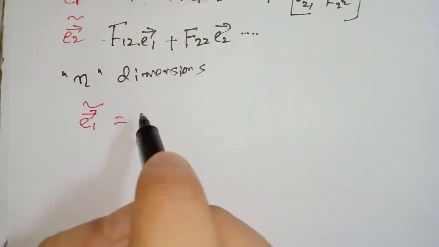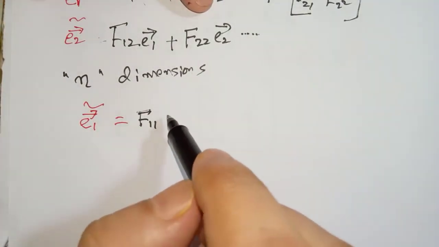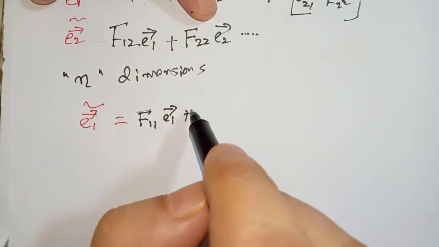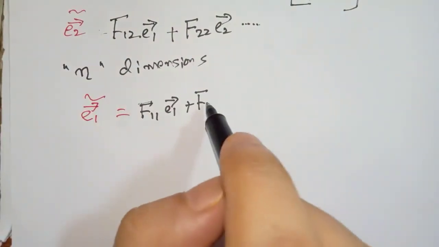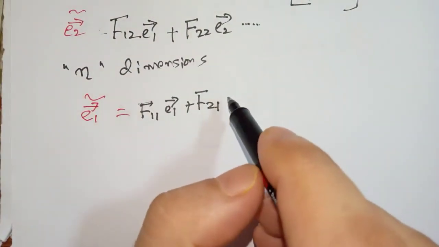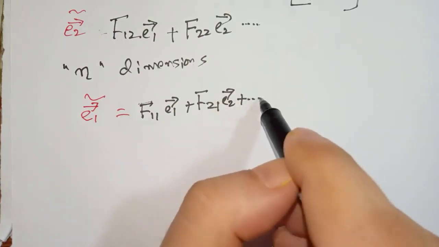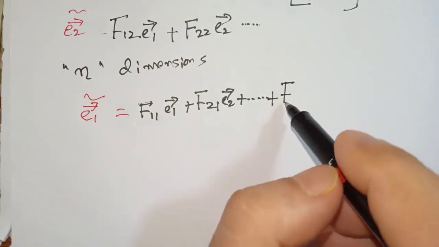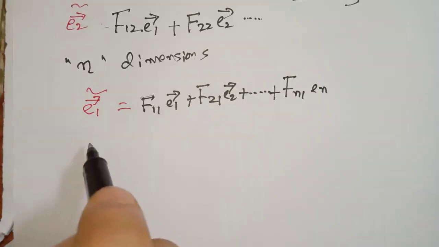We are generalizing, mind it: F11 followed by E1 plus F21, same one, followed by E2 plus dot dot dot, and it would go up to Fn1 En, right? So mind the subscripts.